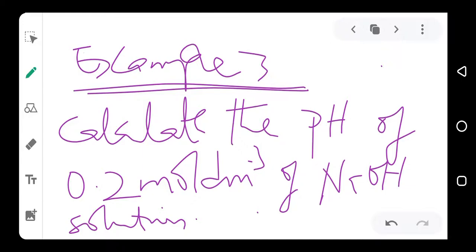So, this is a base. When you see a base, it's actually pOH. The strength of a base is measured in pOH and not pH. But you can still get the pH by calculating the pOH first and then adding the two of them, the pH and pOH, to get 14. So we get the pOH for this base and then use it to calculate the pH.